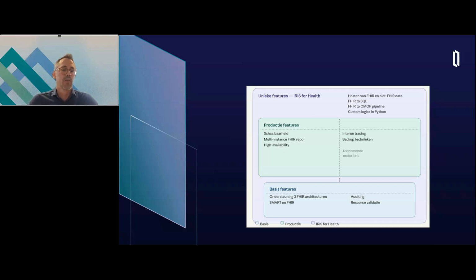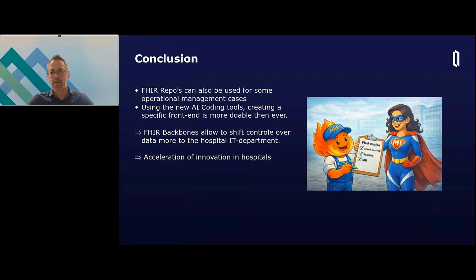And if you want to do some unique features we offer, there is of course a FHIR to SQL, but we also have a FHIR to OMOP pipeline, and if you're working with the hybrid model, you can also add custom logic in Python in that intermediary layer. So before I dive into the questions, the conclusions I would like to make today is that FHIR repos can serve in some conditions for operational management cases.